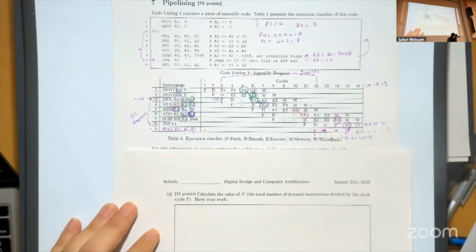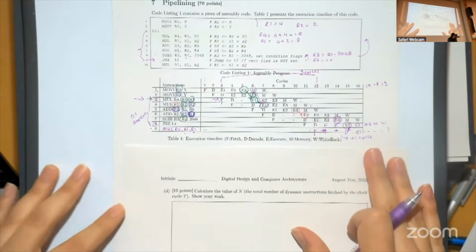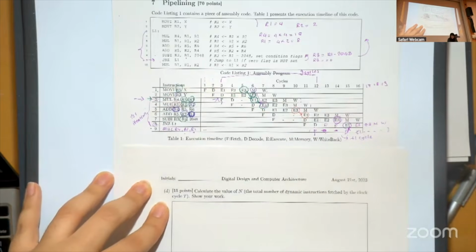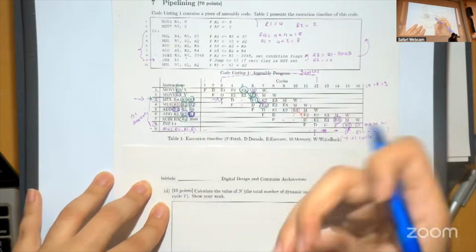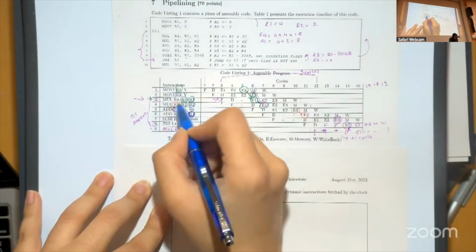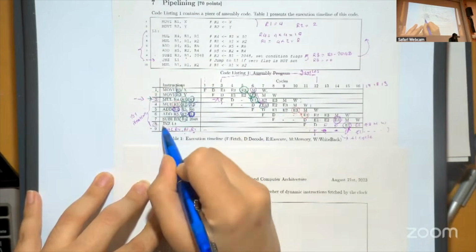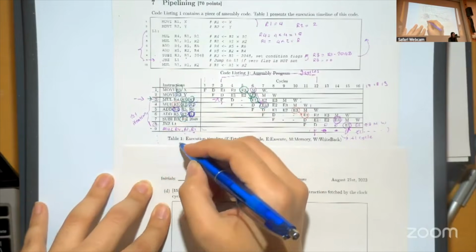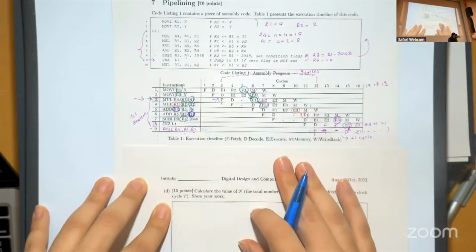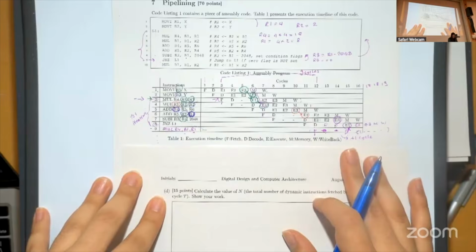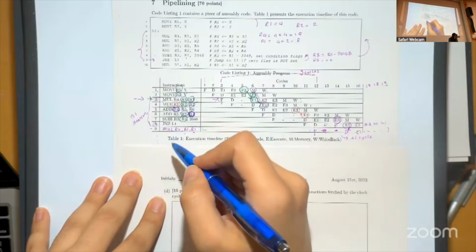Okay, so what we're looking for is basically here we have our instructions. This is the first fetch of the instruction that we're interested in. And this is the second fetch. And after a while, we will have the third and so on, for 8 iterations, we will have in total 9 fetches of this instruction, or 8.